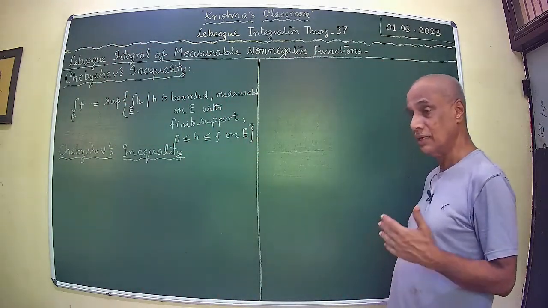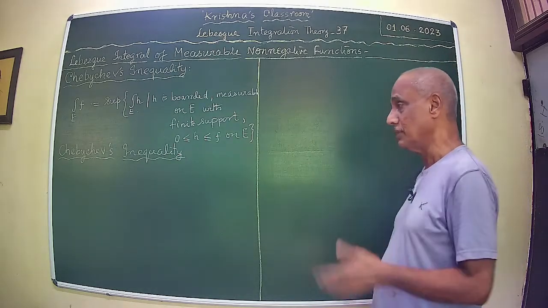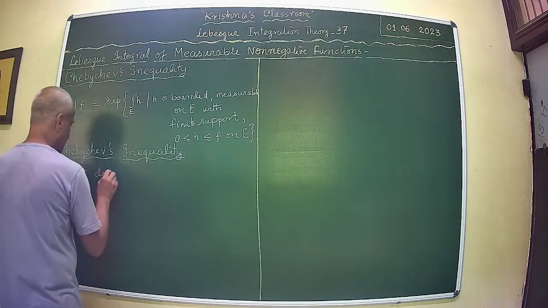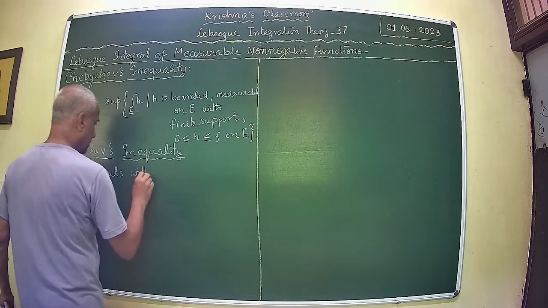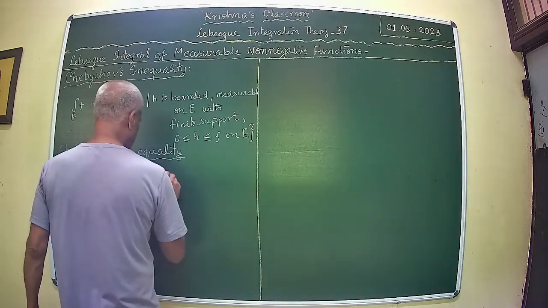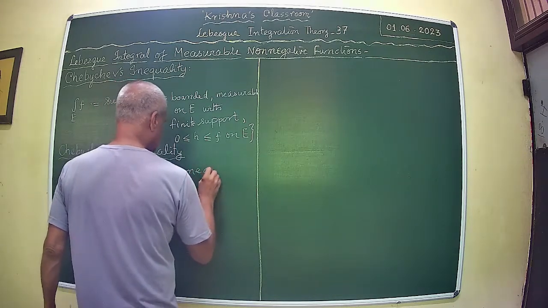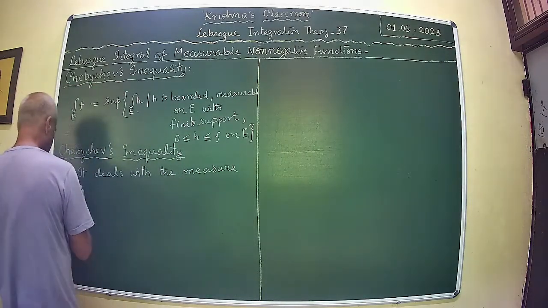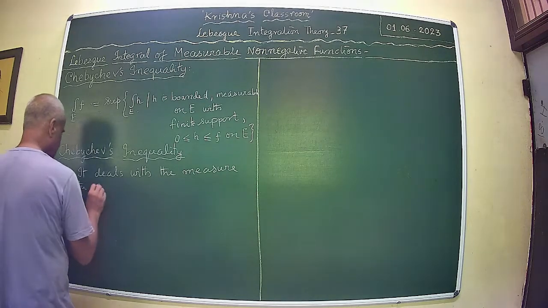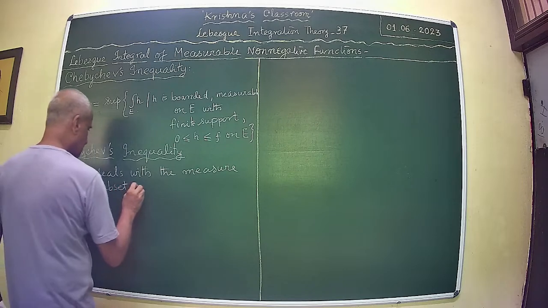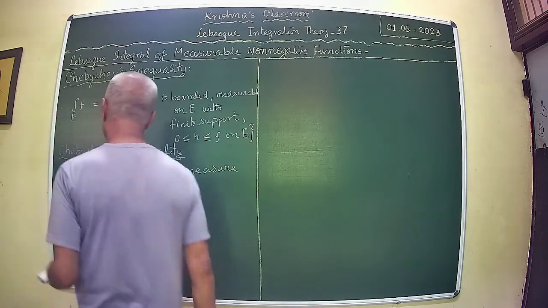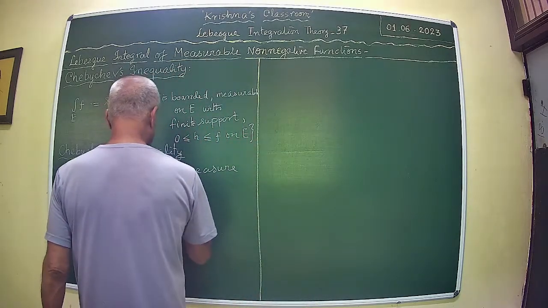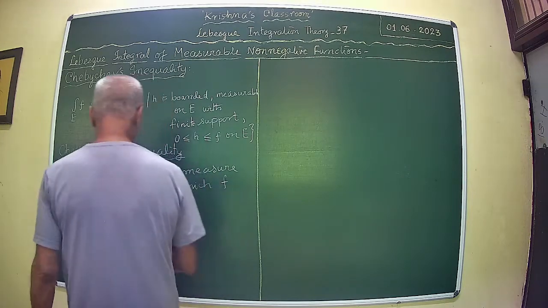It deals with the estimate of the measure of the subset of E on which f exceeds lambda.